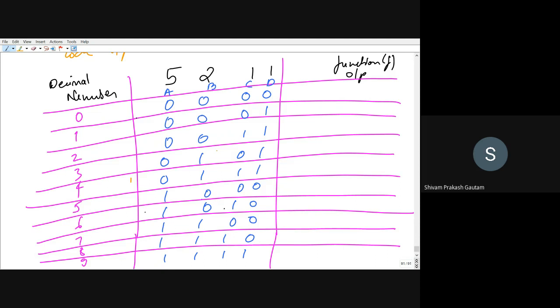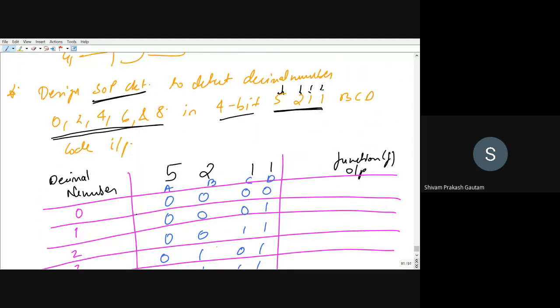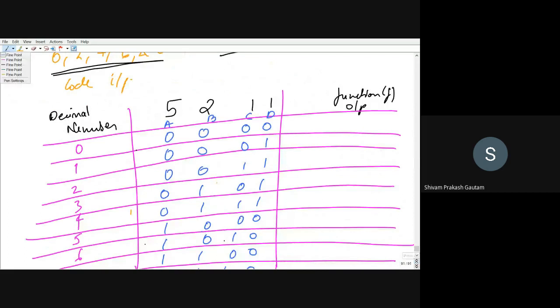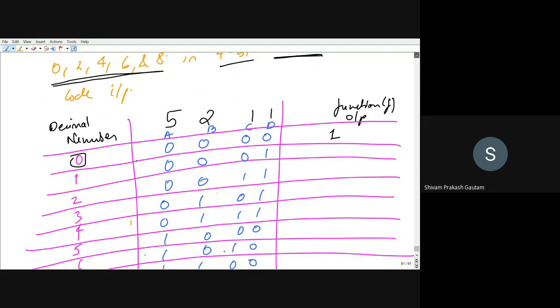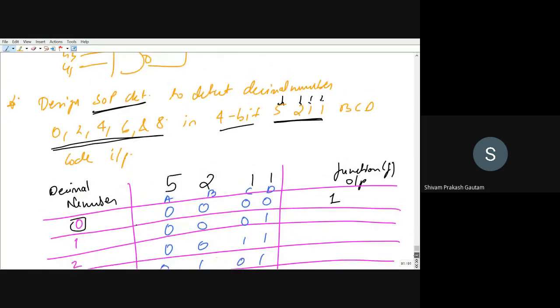Now see what you have to fetch. You have to get 0, 2, 4, 6, and 8. Corresponding to decimal number 0, you can see it is here, so I will write 1 here. Then you have to get 2, 4, 6, and 8. All the even numbers are there.